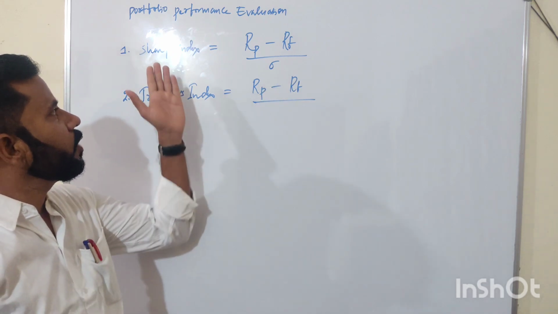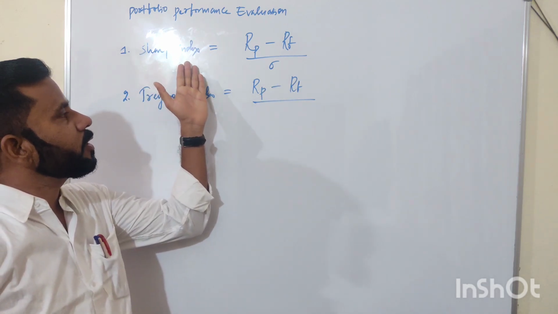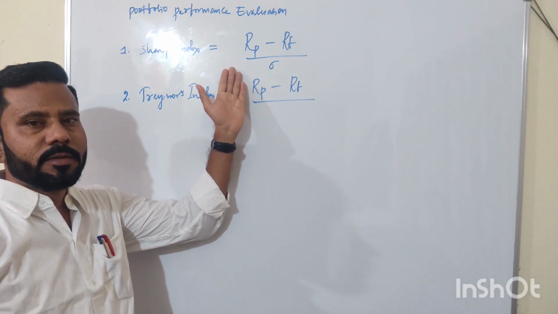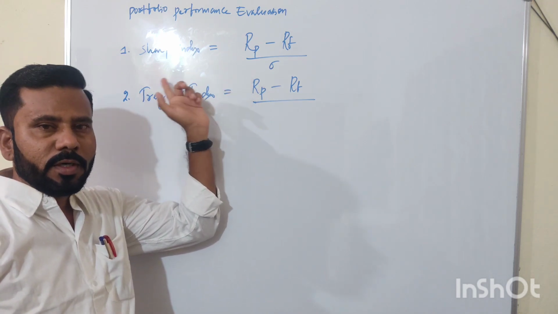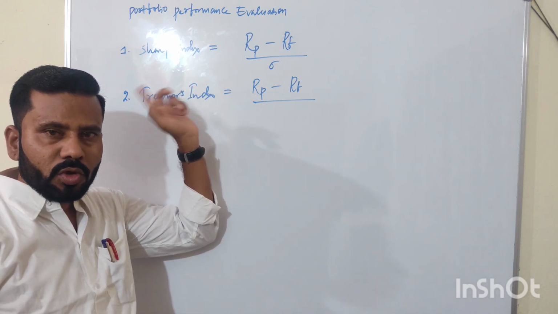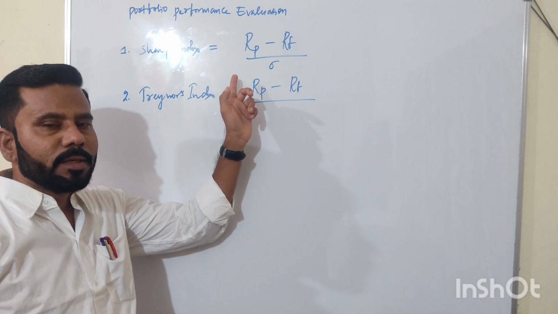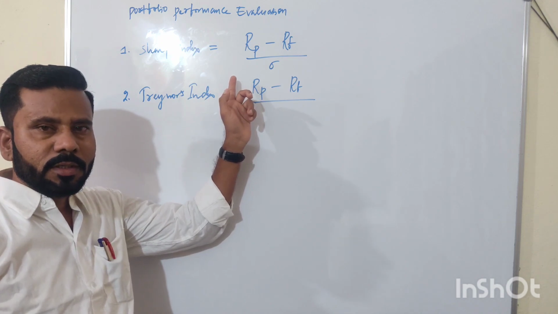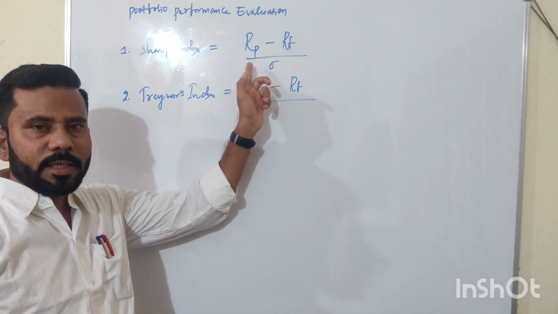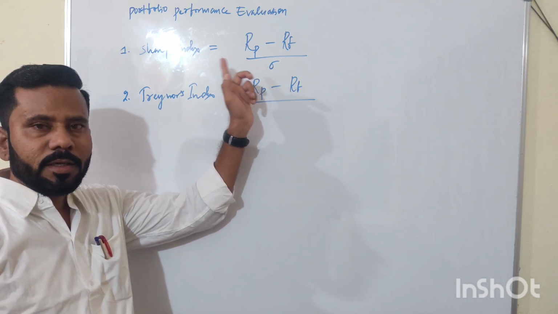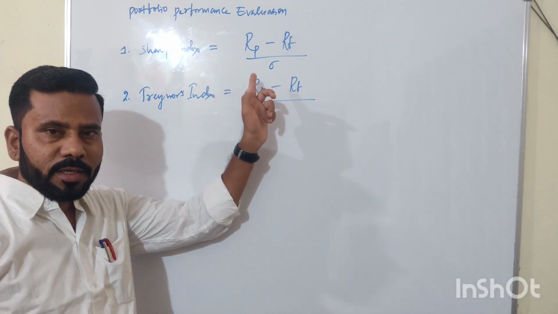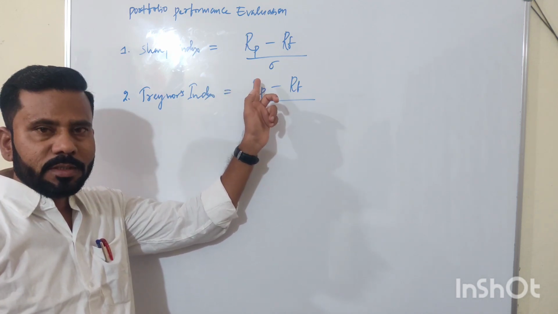When we calculate Sharpe ratio, what are the informations we need? In order to find out the Sharpe index, that is, the informations like portfolio return, risk-free rate, standard deviation.